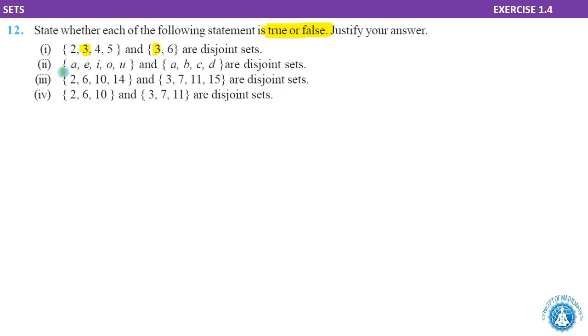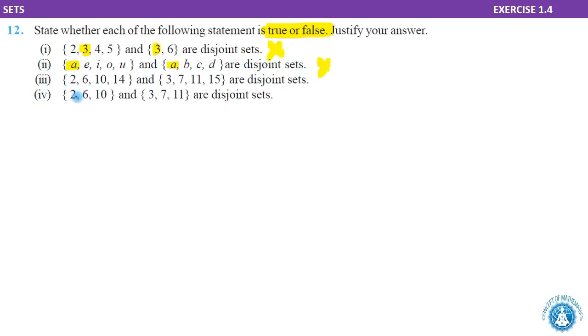Second is a set having elements A, E, I, O, U and another having elements A, B, C, D. So we observe that A is present in both sets, only one element is present in both sets, so it is not disjoint set. Okay, so it is false. This is also false.